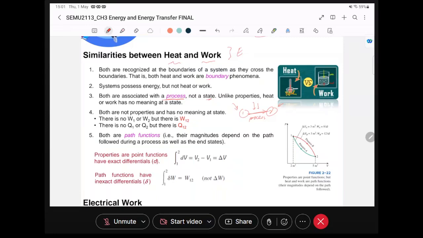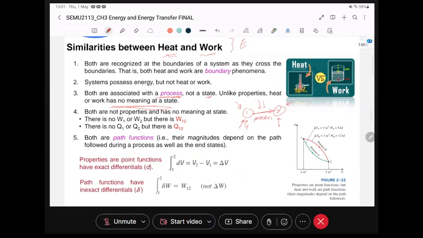So it's the energy change, the energy transfer, that makes the change in the state from 1 to 2 or 2 to 1, either way. Doesn't matter if it's heat or work, it's associated with the process, not the state. Unlike properties, heat and work have no meaning to a state.